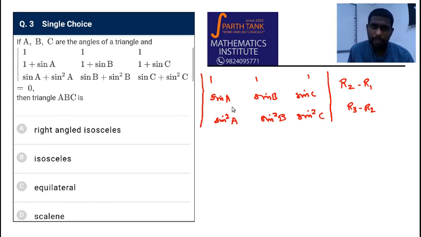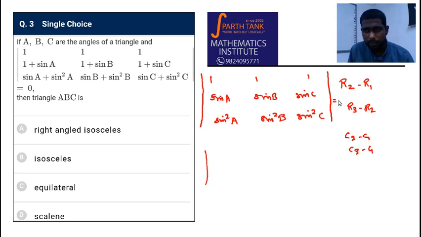Now, from here there are two ways to proceed. The easiest is, they have given that this determinant is equal to 0. Now if you evaluate this determinant, basically the easiest way is to make these two zeros and then evaluate it. So to do that, you do column 2 minus column 1 and column 3 minus column 1.